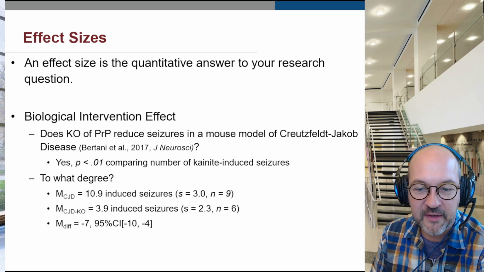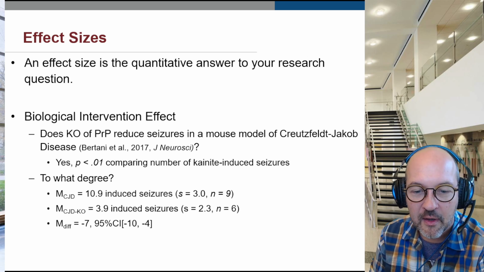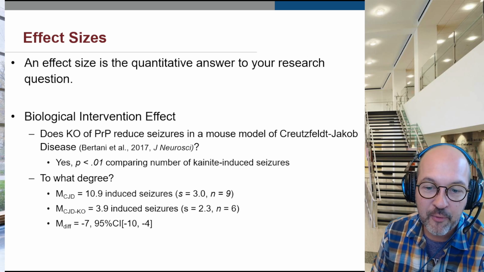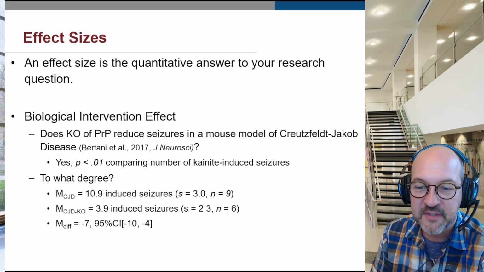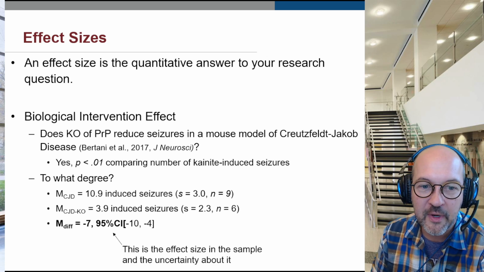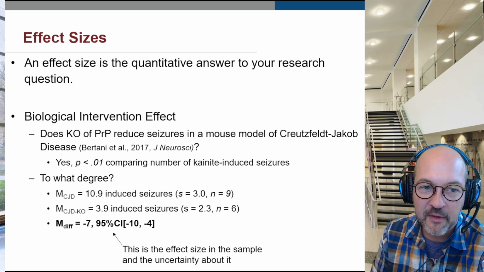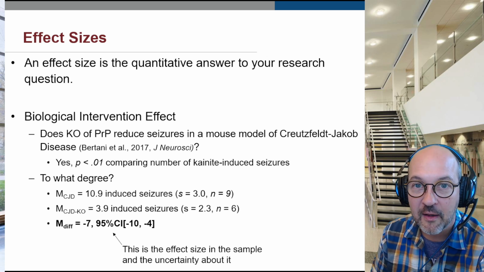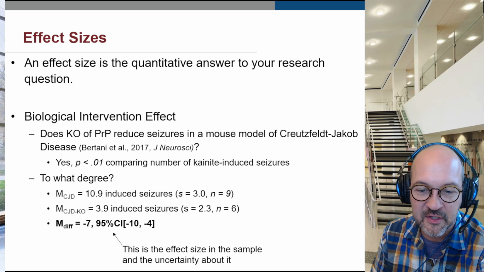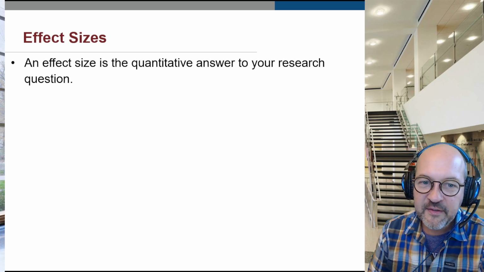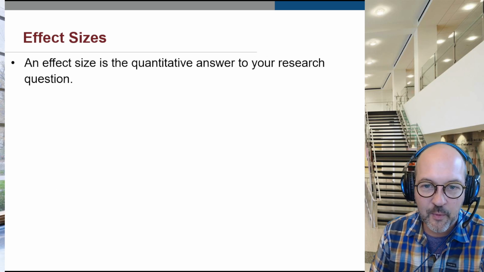The disease model had 10.9 induced seizures. Those with the gene knockout had only 3.9. That's a decrease of 7 seizures with a margin of error of 3. That decrease of 7 seizures is the effect size that indicates the degree to which the knockout gene protected against seizures.